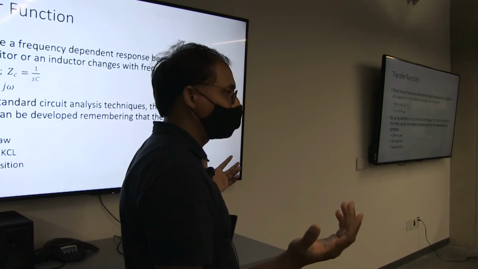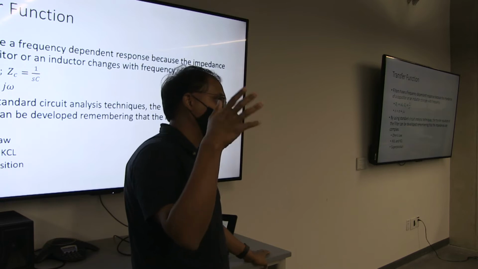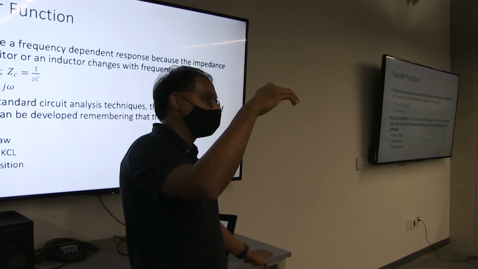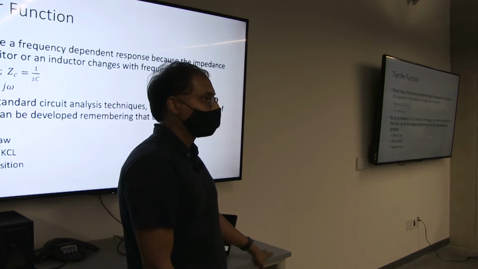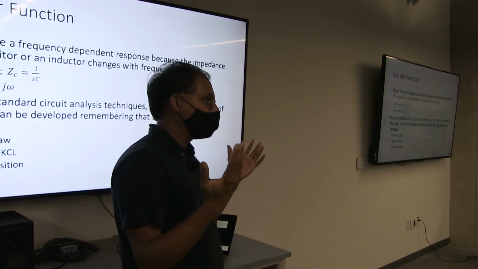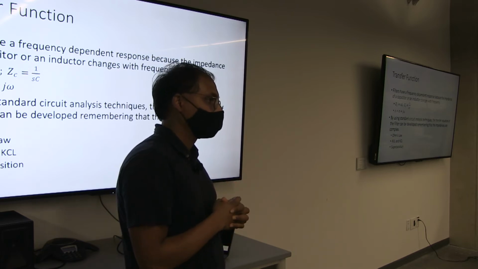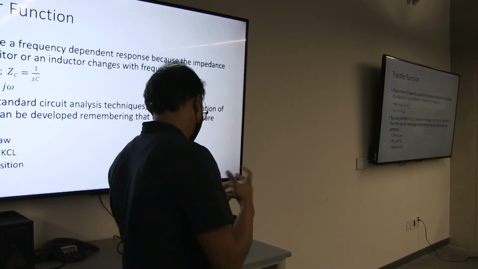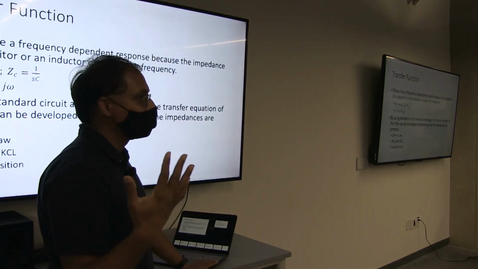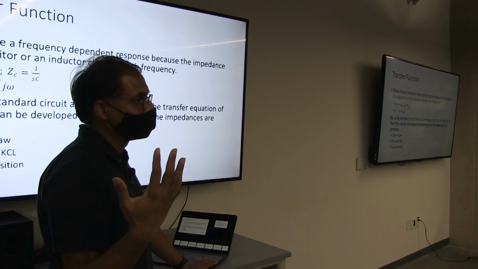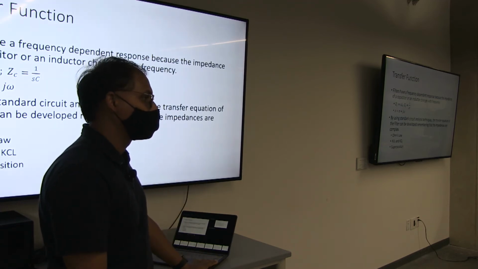So if you take an RC filter, a series RC, and you're taking the output between the cap and the ground, the capacitor output, and the capacitor is tied to ground, then the transfer function will be 1 by 1 plus sRC, right? If R and C are the values of that. So that is a basic transfer function. As there are more components, it will take more time for us to come up with the transfer function.